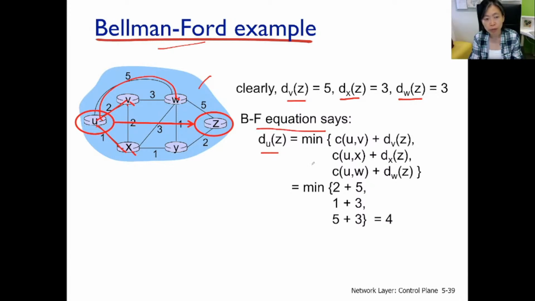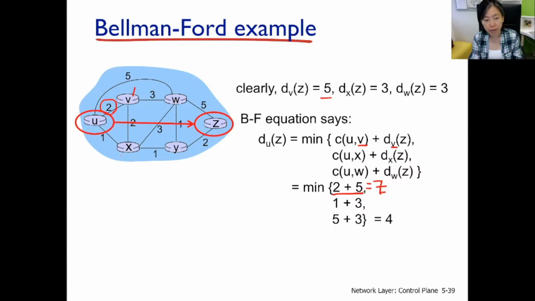And then we can begin doing the calculation. So we'll be going through all three neighbors one by one. So let's take the first neighbor V. Link cost from the source to V is 2. And dVZ is 5. So we have 2 plus 5 here. From U to Z through V, the cost is 7.